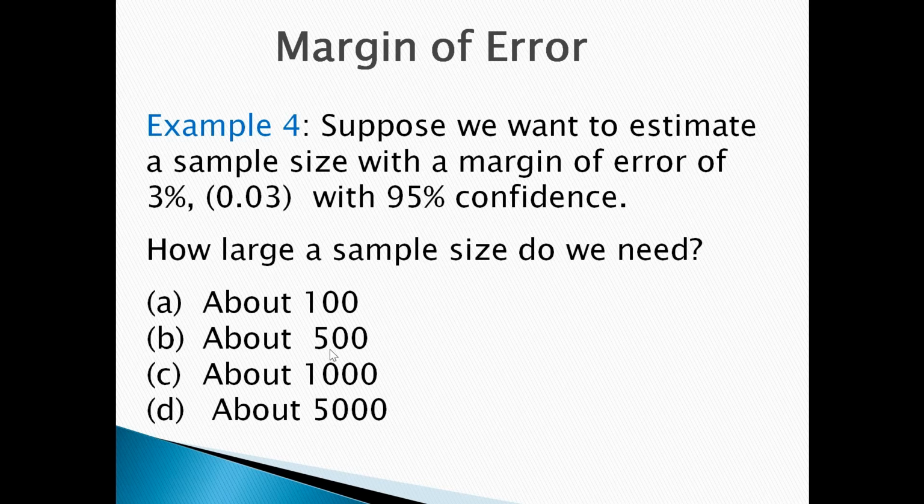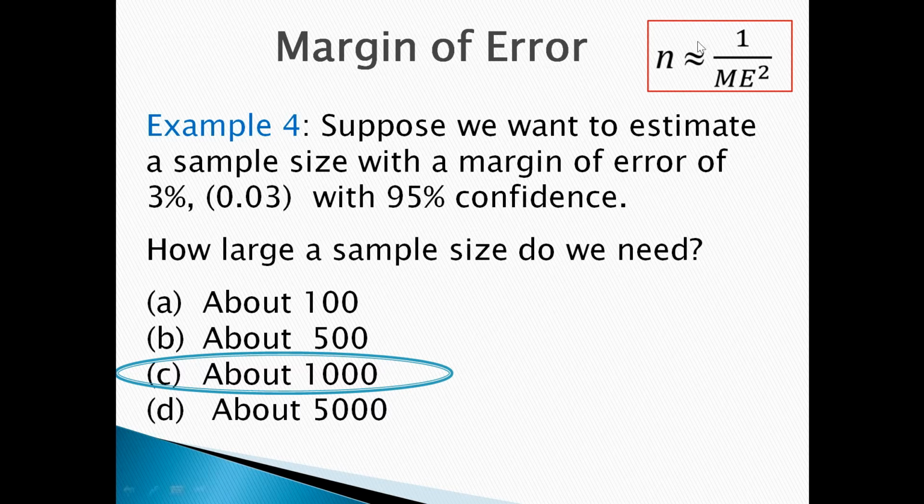So we know that the formula is n equals 1 over ME squared. So I know the ME. ME is 3% or it's 0.03. So you plug in 1 over 0.03 squared and you will get about 1000. So the actual answer, or the approximated answer, is 1111, but from the choices, it will be closest to 1000.